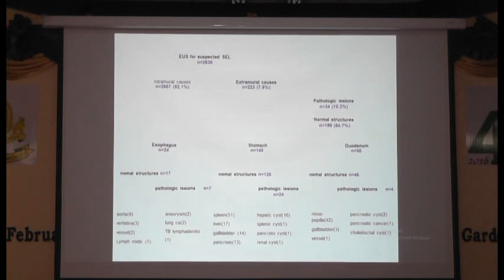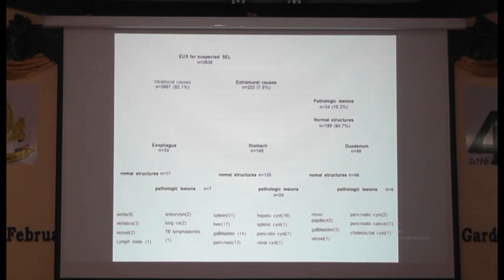This is my data from when I performed EUS on 2,800 suspected subepithelial lesions. I found about 8% were extraluminal cases. Among them, 15% were pathological lesions, and the rest were normal structures.